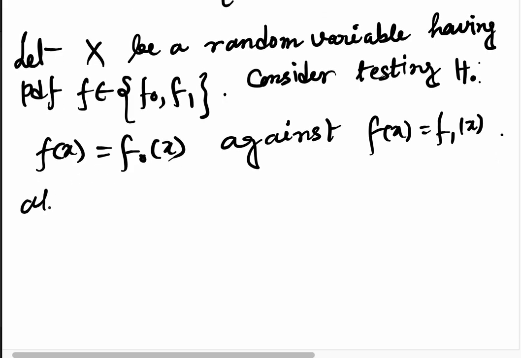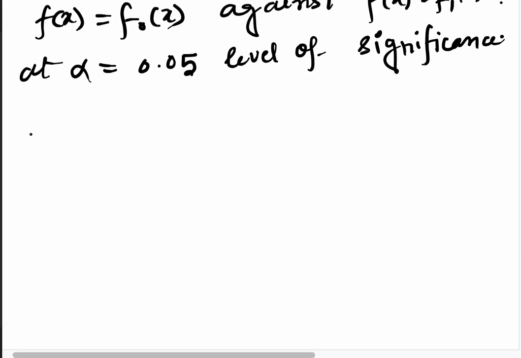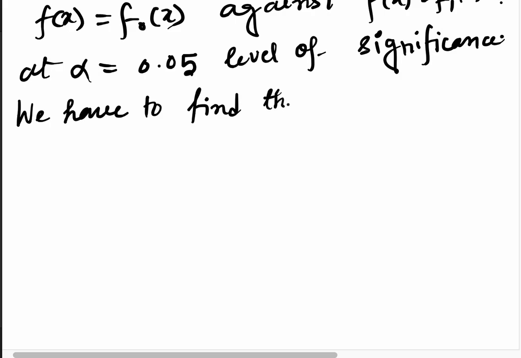So at alpha, the probability of type 1 error, is 0.05, the level of significance, for which of the following, and we have to find the most powerful test.